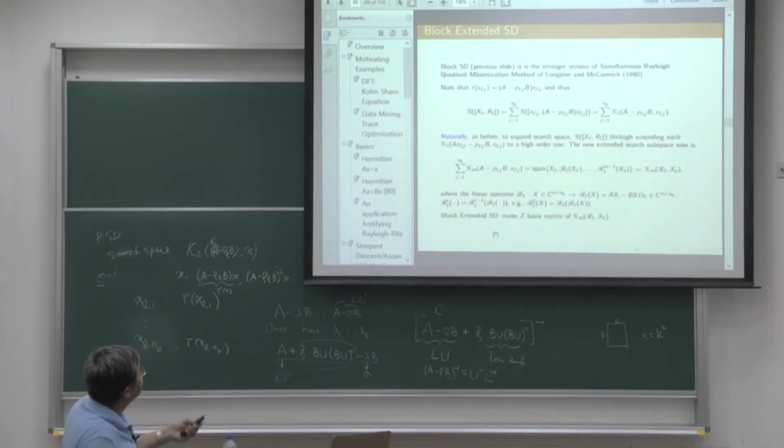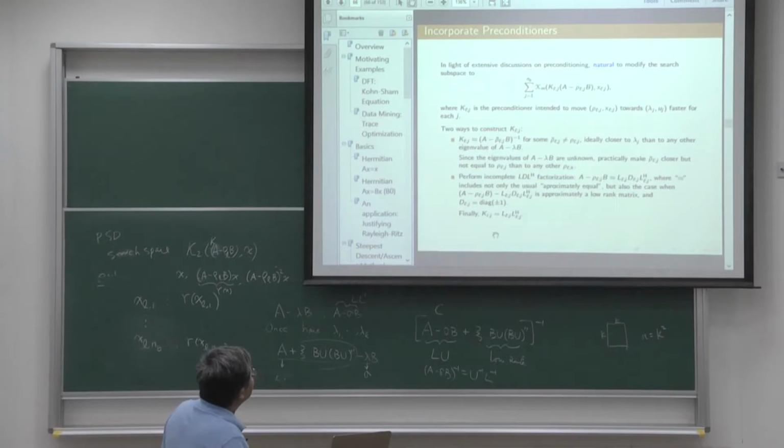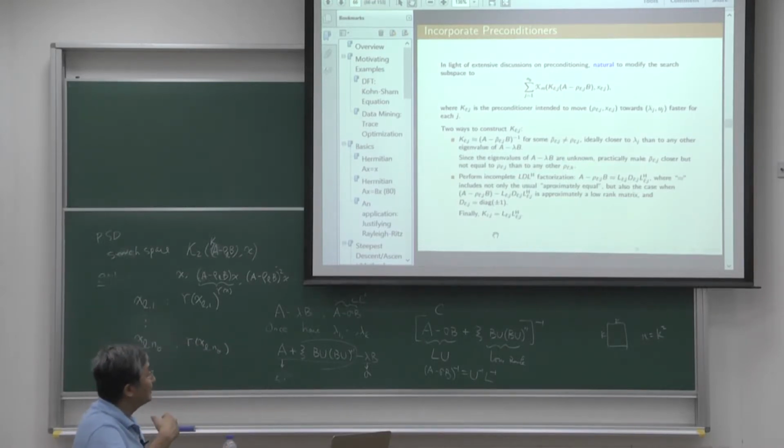Now here we have the same idea. You can do extended space, you can do preconditioner. The preconditioner idea is the same. You take the residual, which is now the matrix you multiply by k. This k can differ from step to step, and can differ depending on which eigenvalue you are computing.